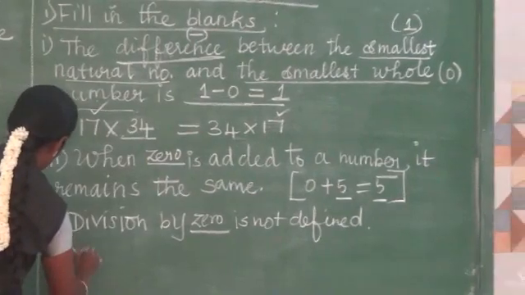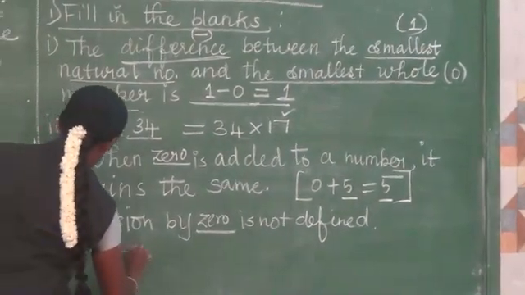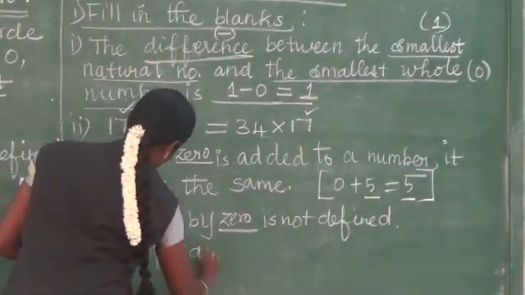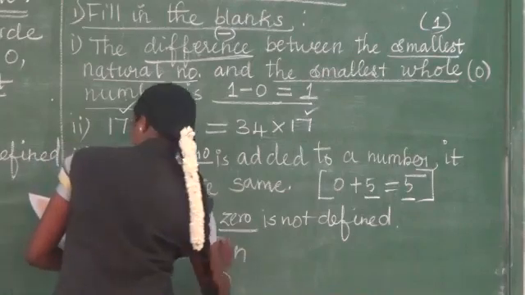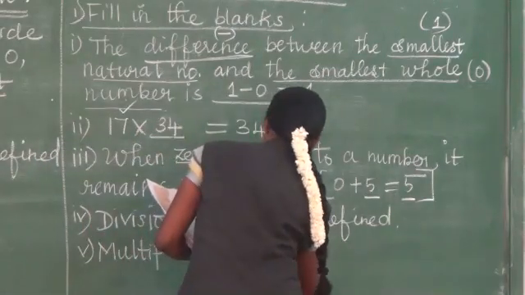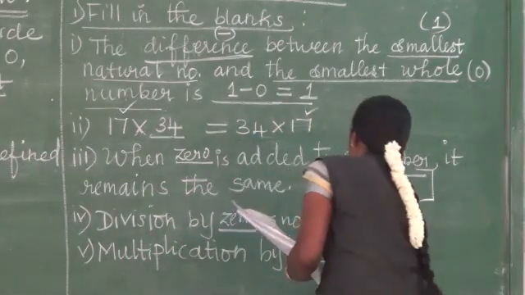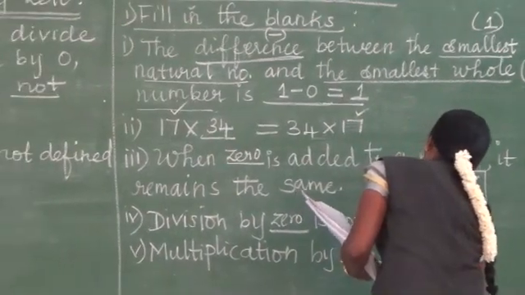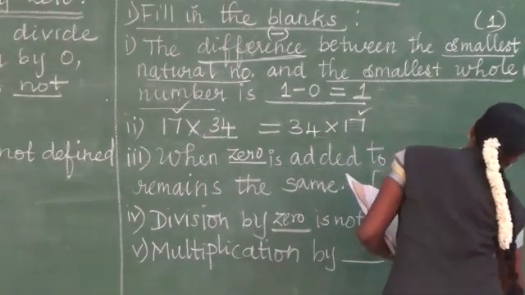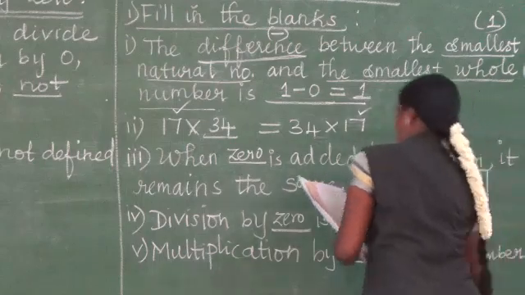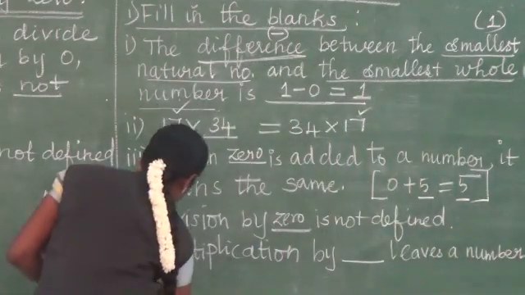Next, multiplication by dash leaves a number unchanged.